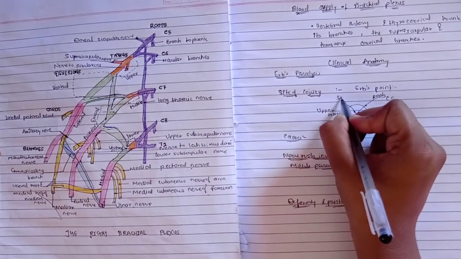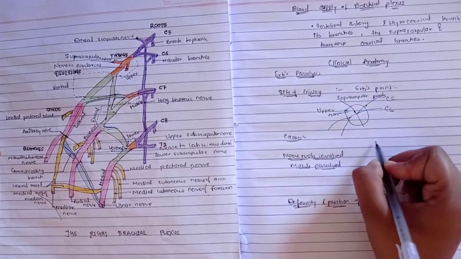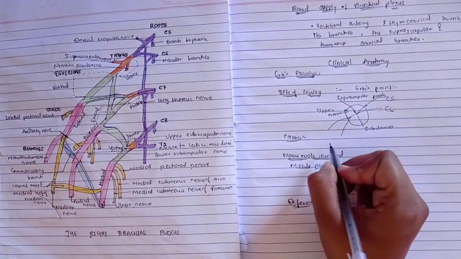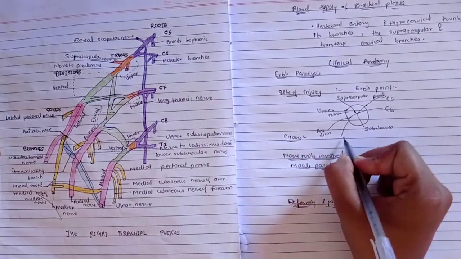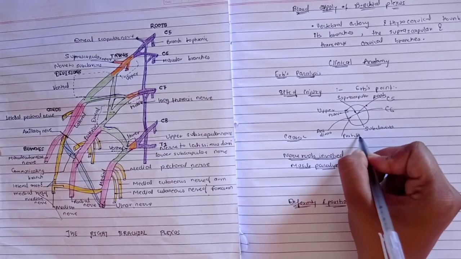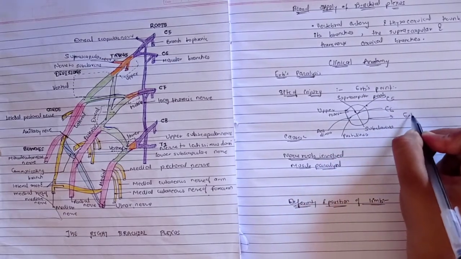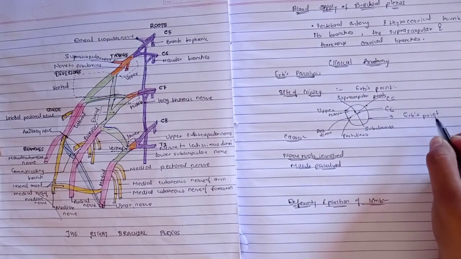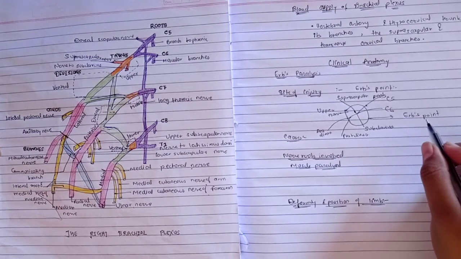This is suprascapular, this is nerve to subclavius, these are the anterior division, and this is the posterior division. So this point is called Erb's point, where all the 6 nerves of the upper trunk meet. Injury to this point causes Erb's paralysis.